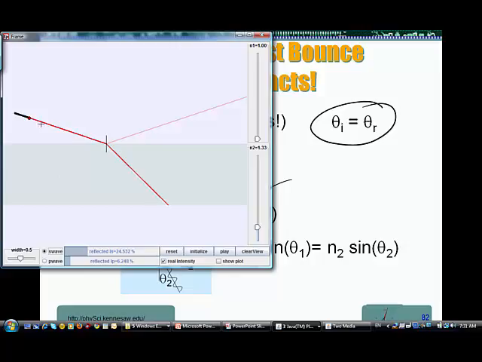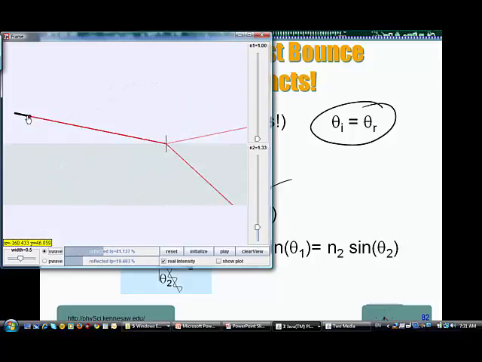Now, how much of the light is transmitted and reflected is going to depend on the angle. We're not going to get into figuring out the intensities in this particular course. We are going to deal just with reflected and refracted light. But as you notice, as I change the angle, the intensity of the reflected beam changes.